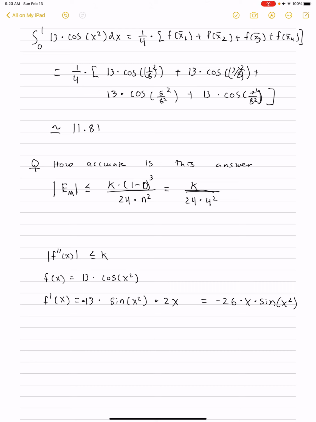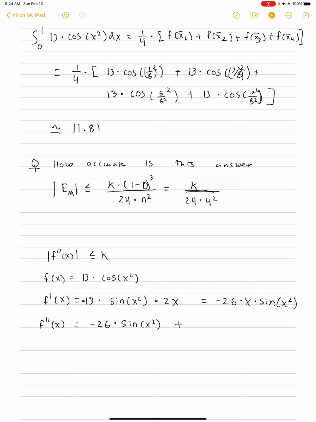So that's the first derivative. Let's try the second derivative, f double prime of x. I'm going to use the product rule, so I differentiate the first term. That gives me minus 26 times sine of x squared.